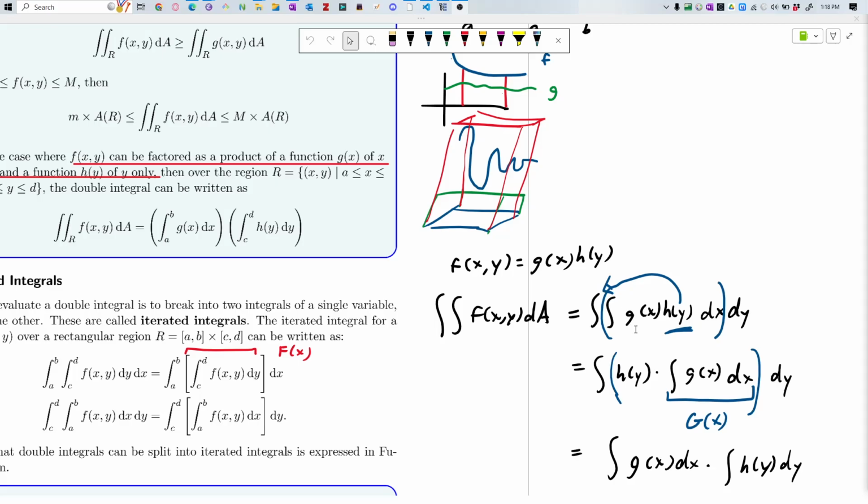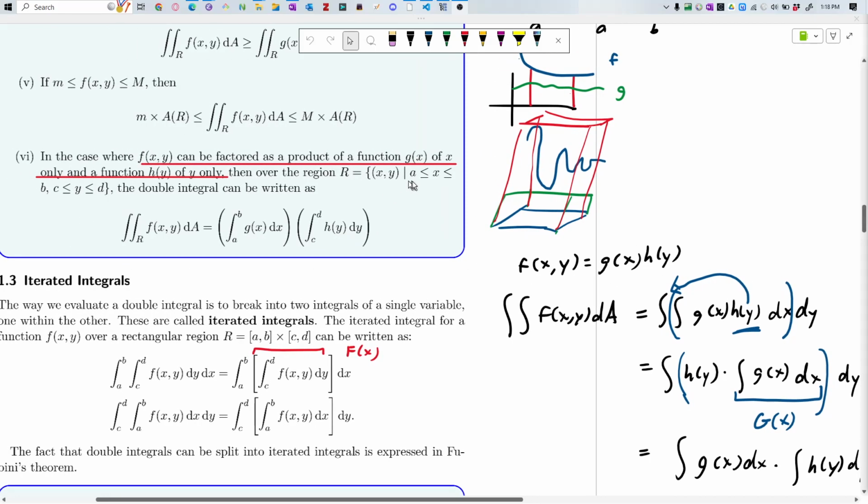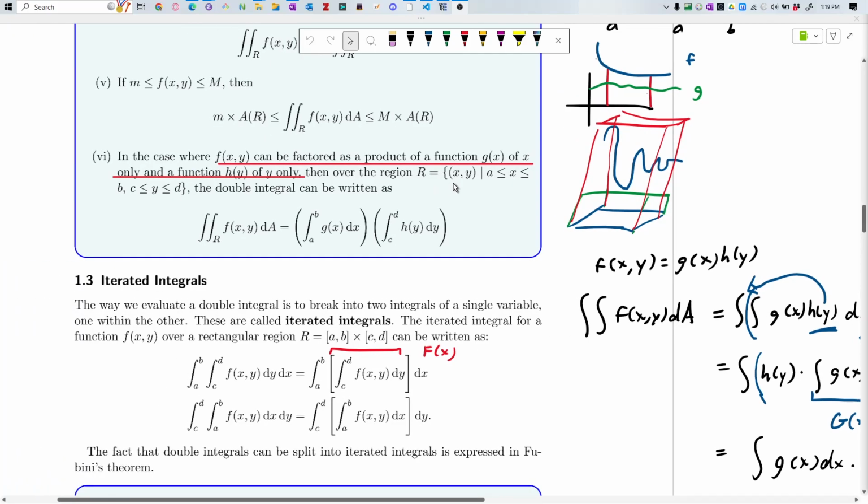If you try to swap the order of integration, you also have to re-express those bounds. So not only are you not able to split the integral in that situation, you can't even easily swap the integrals. You have to do a bit of work in order to swap them. So this property is particular to rectangular regions, and it is one reason why rectangular regions are so simple to work with.